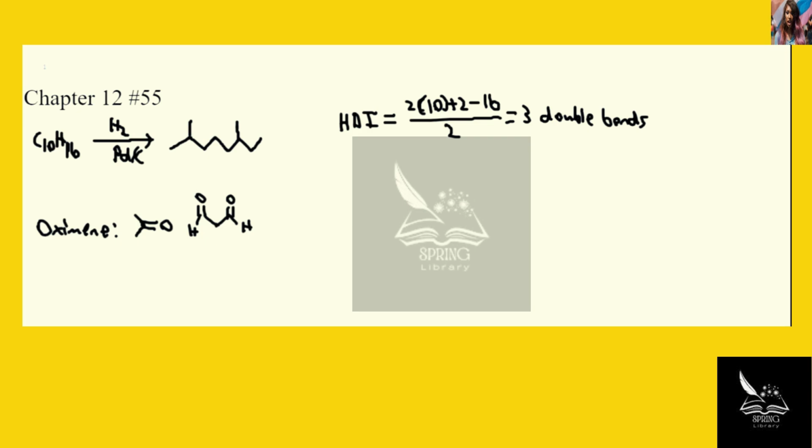Then we have another 3-carbon piece with an aldehyde and a ketone, and then our formaldehyde.